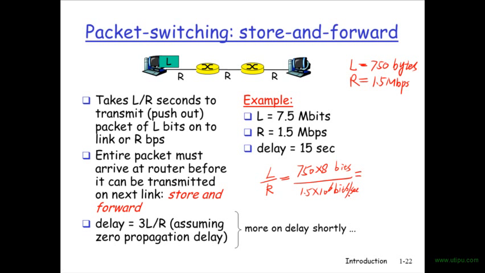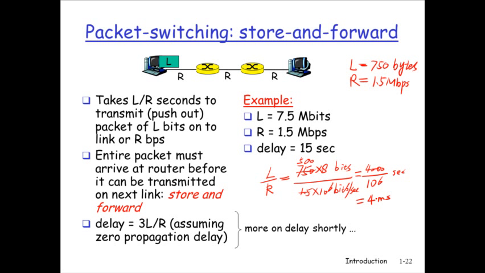So this will be 6,000 divided by 10 to the power of 6 seconds. So that gives us 4 milliseconds, right?